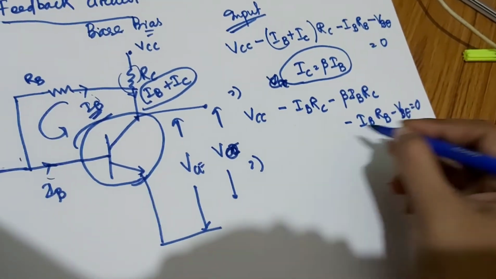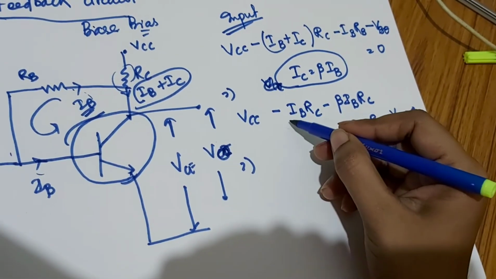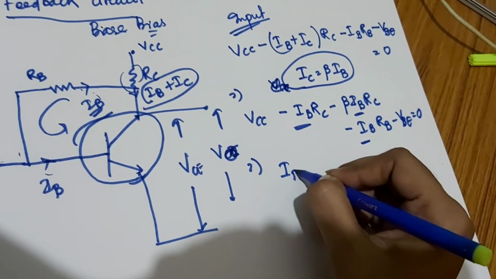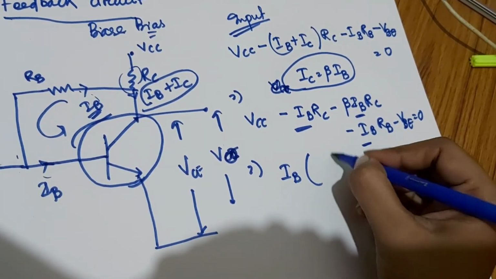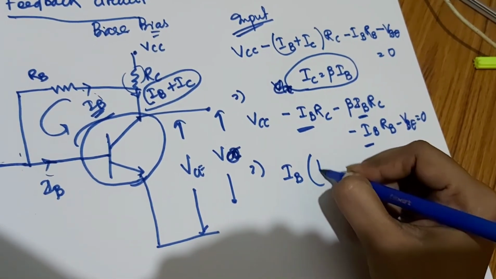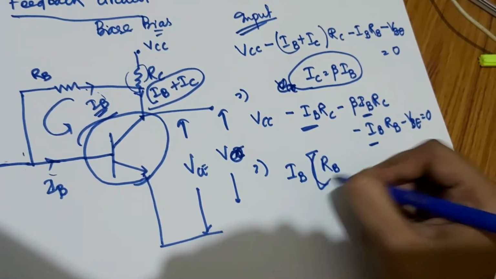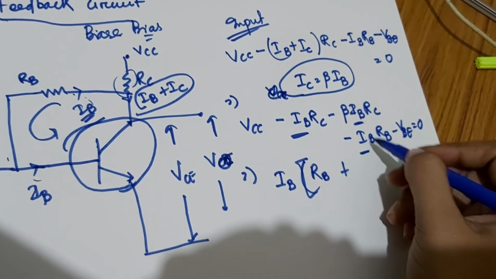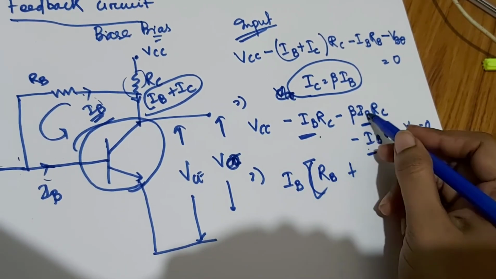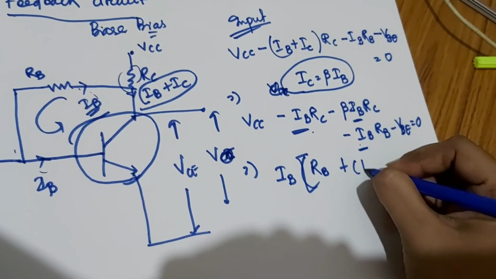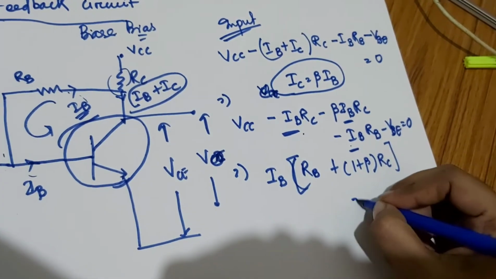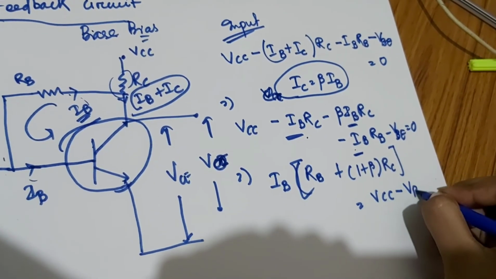Now I have to find out IB, the base current. Taking the IB terms to one side, I get IB RB plus IB (1 plus beta) RC equal to VCC minus VBE.